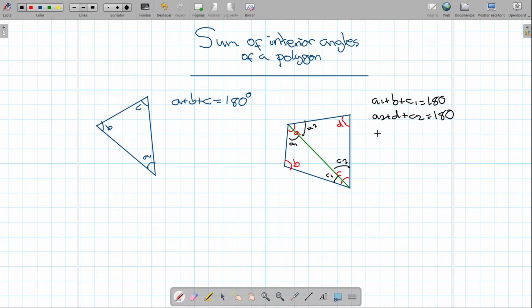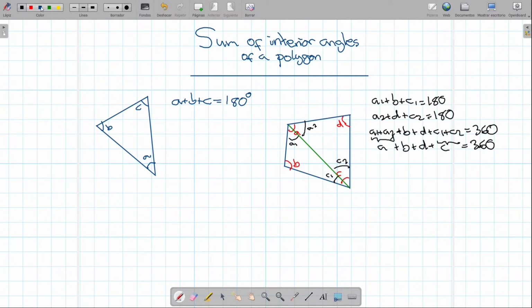We can add this up and we can see that A1 plus A2 plus B plus D plus C1 plus C2 equals 360. Okay? But this is what we used to call A, this is B, this is D, and this is C. So the interior angles of our quadrilateral will add up to 360.